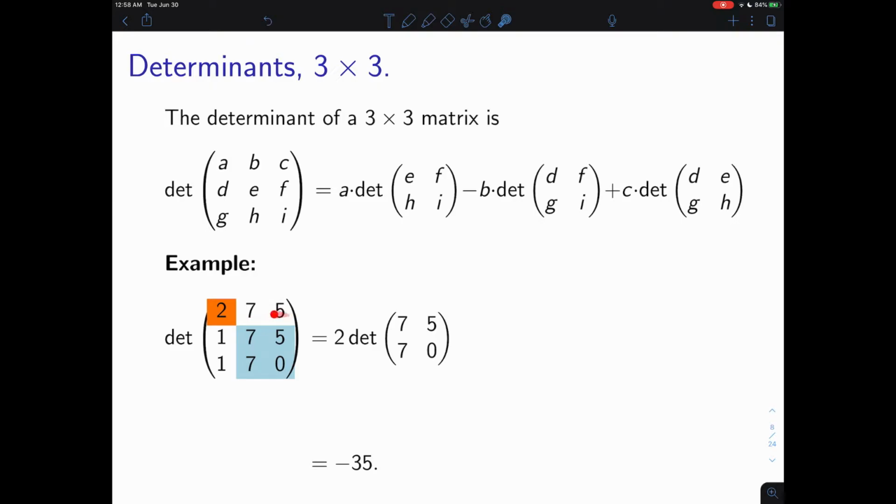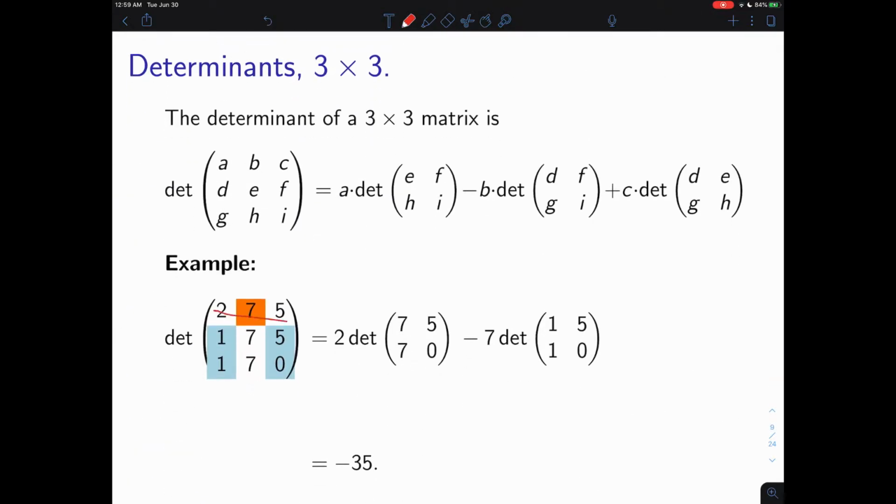So I'm going to go across the first row, my ABC row, where the 2, 7, 5 is. So I'm highlighting the 2, and remember what we do is we cross out the row and column of that 2 and see what's left over. 7, 5, 7, 0, put that in a 2 by 2 matrix.